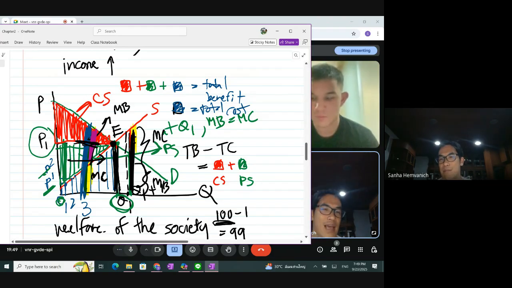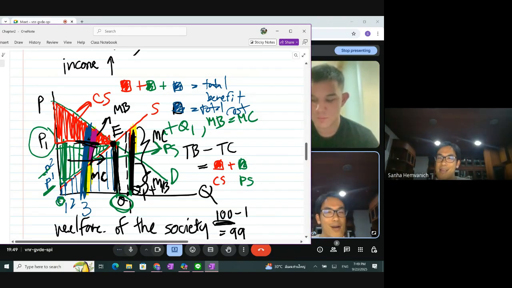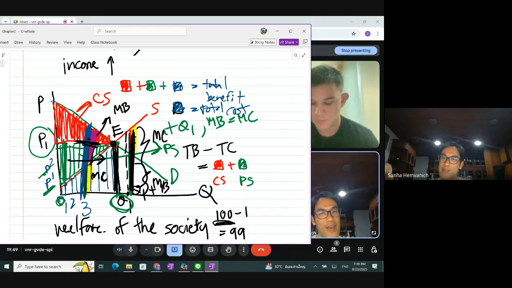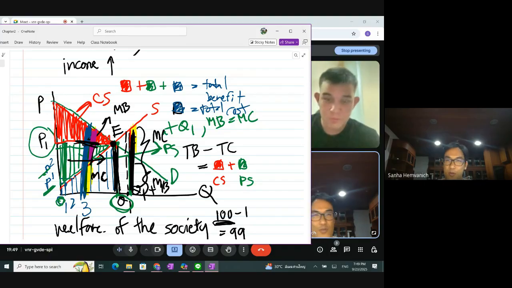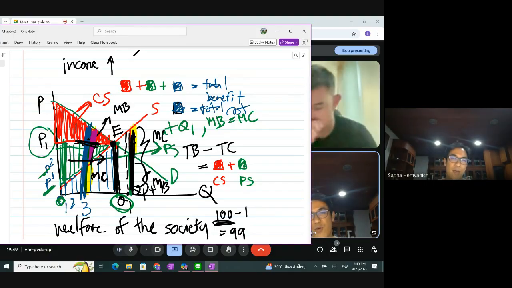But if you produce more, the cost exceeds the benefit, so you get a negative profit. And when you add it to 100, you actually get 99. So you actually reduce your total benefit in this scenario. You don't want to go to that point.